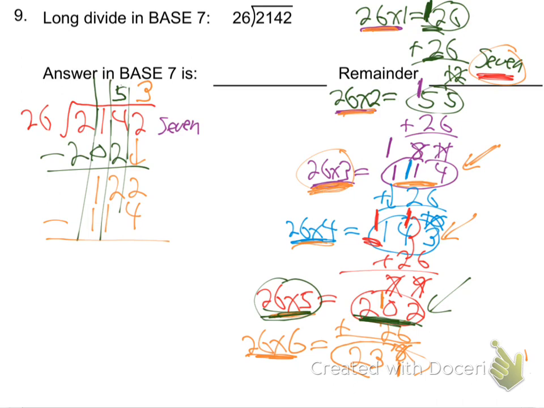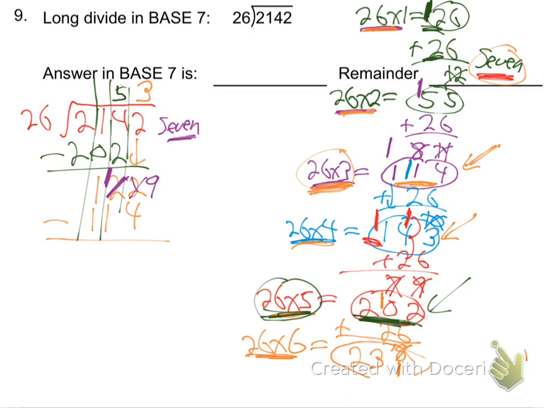We're in base 7. So what does that leave? Well, we can't take 4 from 2, so we got to borrow. Make that a 1. And how many do you borrow when you're in base 7? 7, right? When you borrow or carry, you always borrow or carry the base amount. So when I borrow here, I'm bringing 7. So that'll make this 9, won't it? I brought 7 to the 2 that were already there.